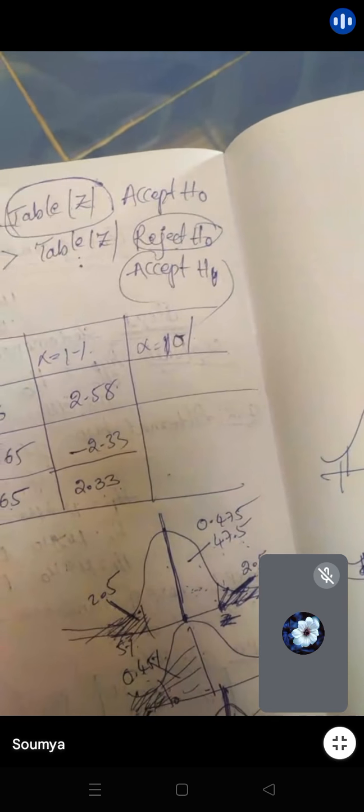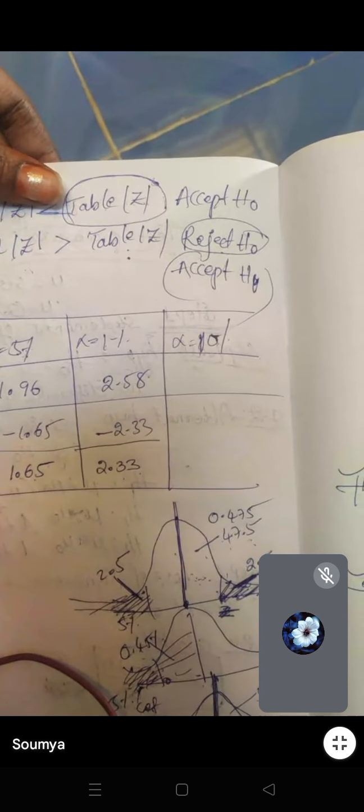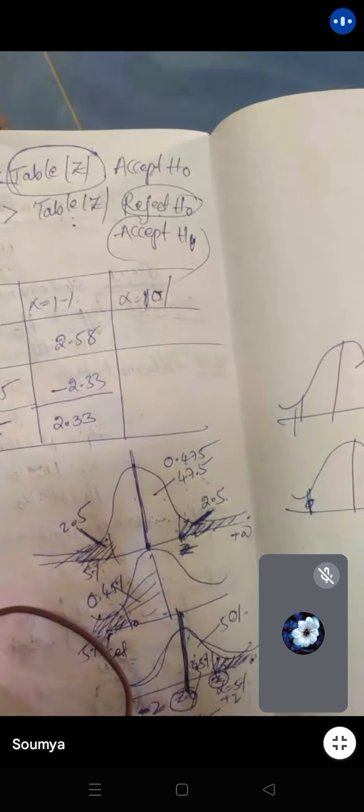Did you understand how I am taking the table values of Z? Yes, ma'am. So you have to find for 10% also. I am finding 5% and 1%. Can you find the 10%? Okay. Suppose the level of significance alpha equals 5%.